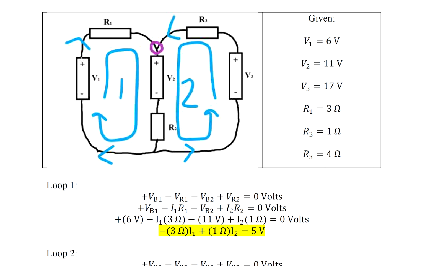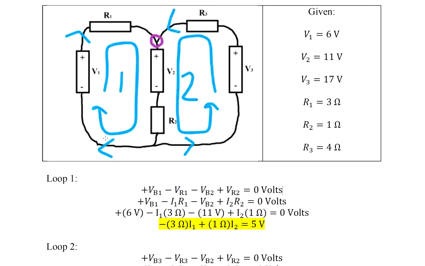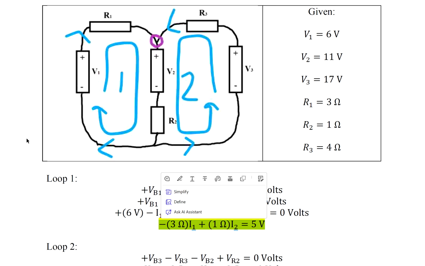Then I'm going up, so I get plus VB1 minus VR1, and now I'm saying minus VB2 because I'm going against the battery. Plus VR2 equals 0 volts. Okay, so I end up getting this equation in yellow.